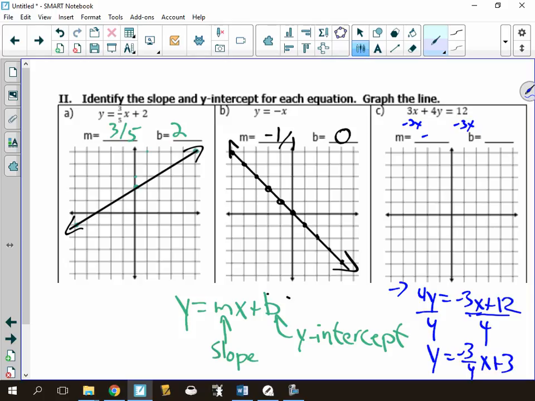So the slope is -3 over 4, and the y-intercept is 3. And you get a line that looks like that.